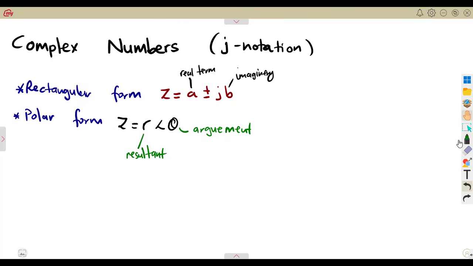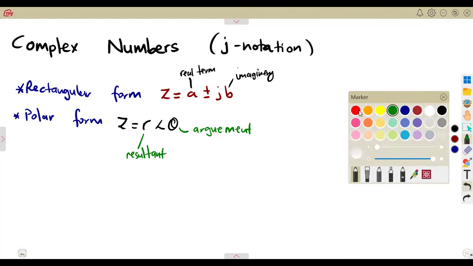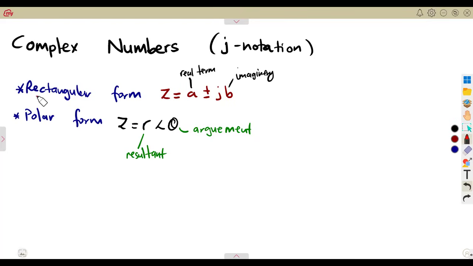Before that, can we convert from one form to another? Is it possible to convert from this format to the polar form, and vice versa? Yes, that is very possible.